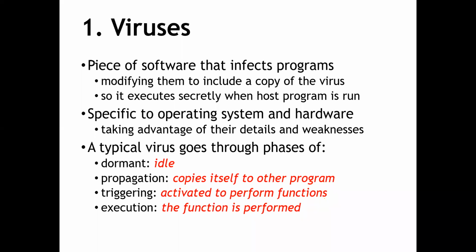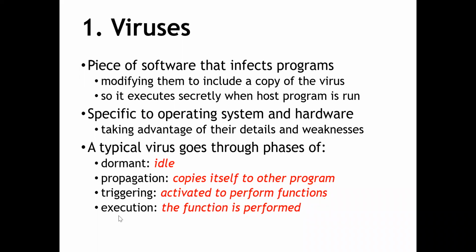You can't use Word, you can't read your documents. That is an example of a virus, and it will keep giving you errors and errors and errors. It's very specific. There are those which are specific to operating systems as well as hardware. They take advantage of the details as well as the weaknesses, the points of entry, as we had seen.